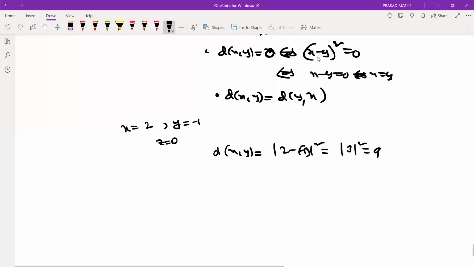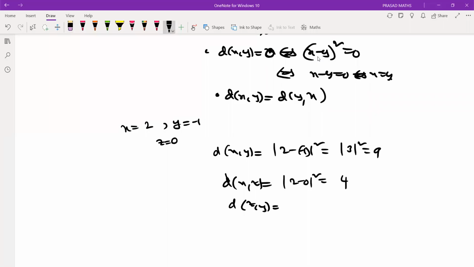What is x comma z? X comma z is nothing but 2 minus 0 whole square, that is 4. What is z comma y? Z minus y whole square, that means 0 minus minus 1 whole square, that is 1.